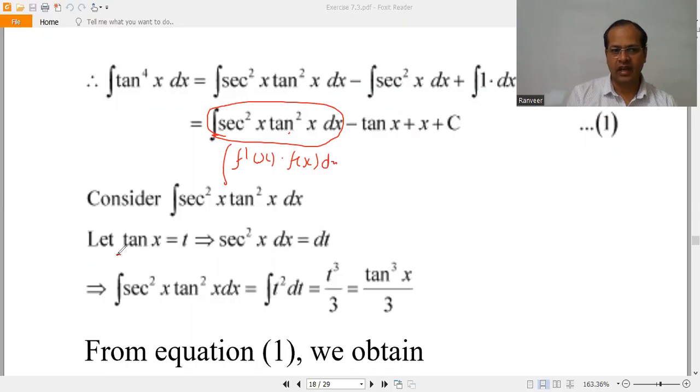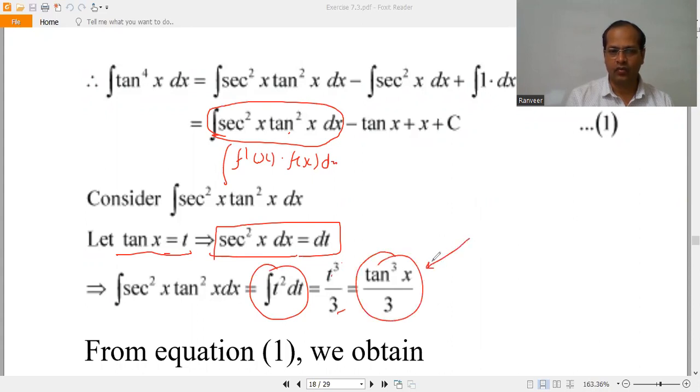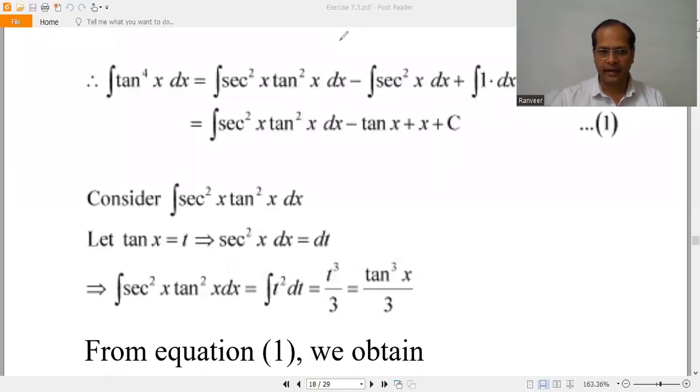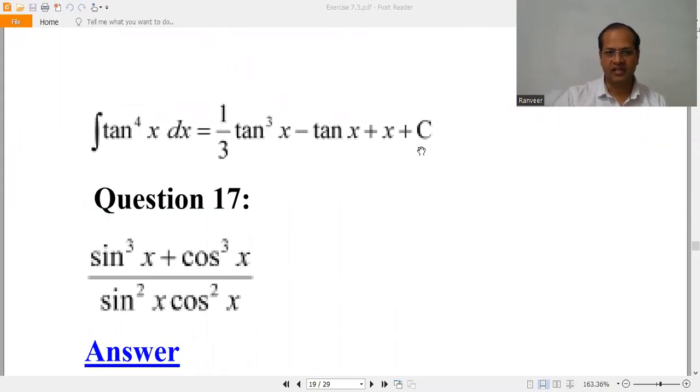So we take tan x equal to t. Differentiation of tan x gives sec square x dx equal to dt, and this is t cube by 3, so we can write tan cube x by 3. This is the answer, and we have to add these two values in the final answer.